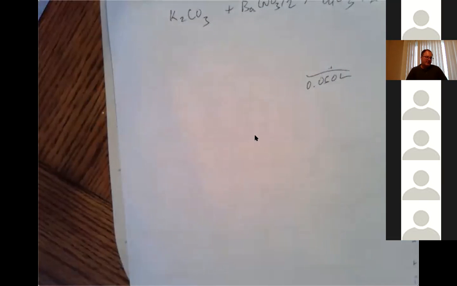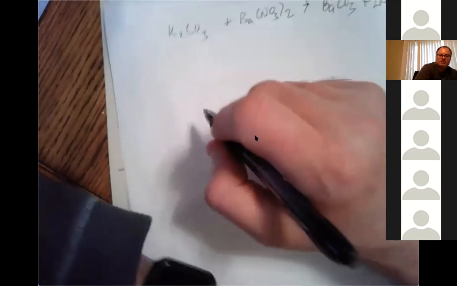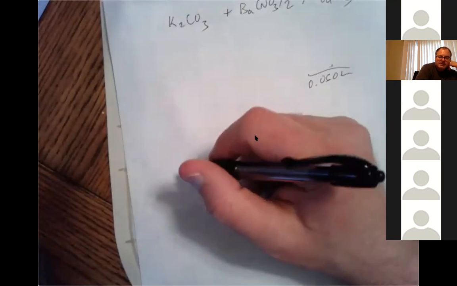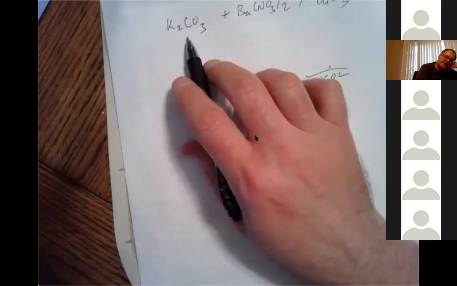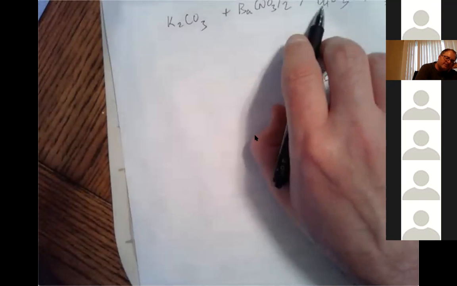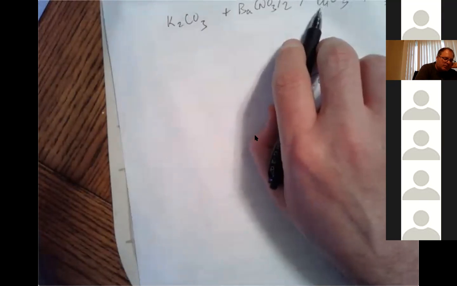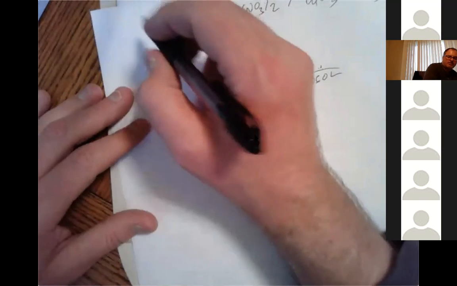And we need to figure out how much of the barium did not react with this, right? So if we have 0.2 molar of the CO3, we're going to figure out from that how much of the Ba would react. So let's go ahead and start there.